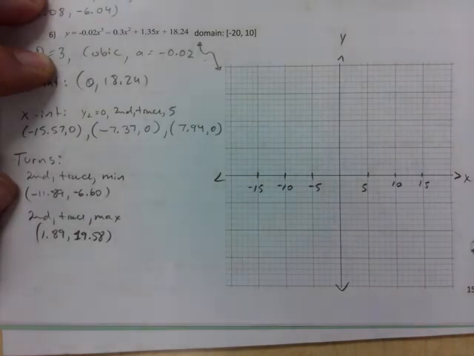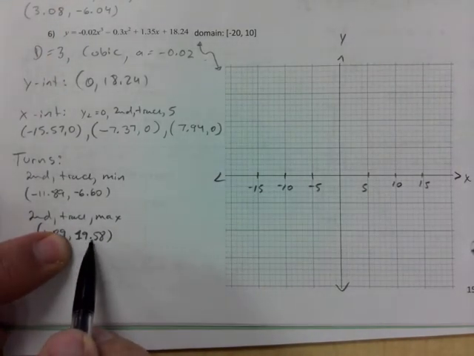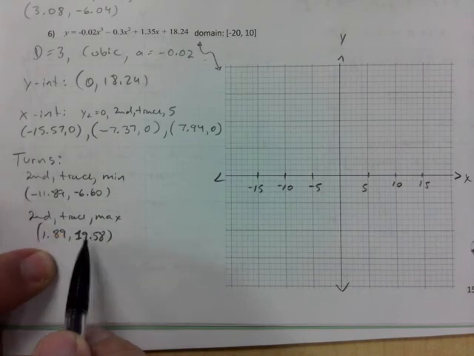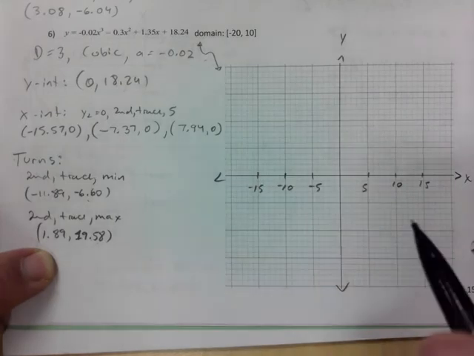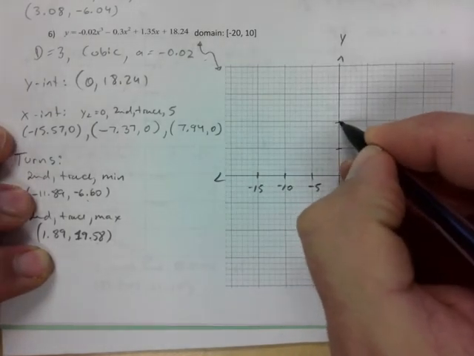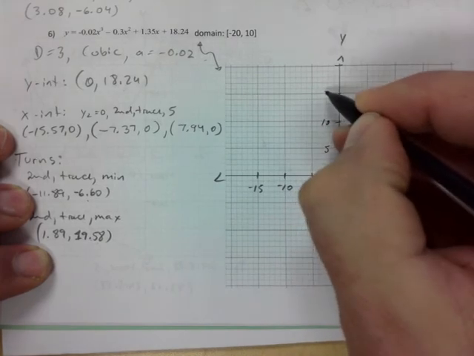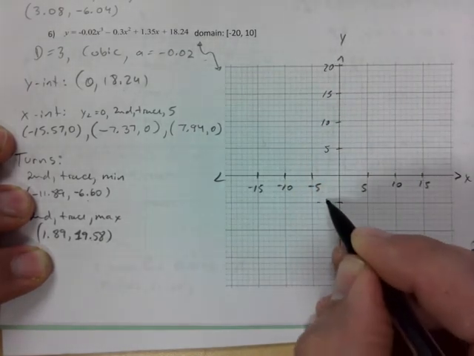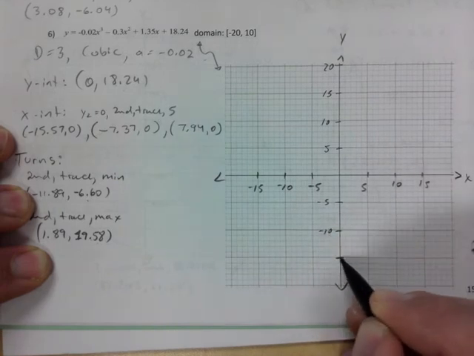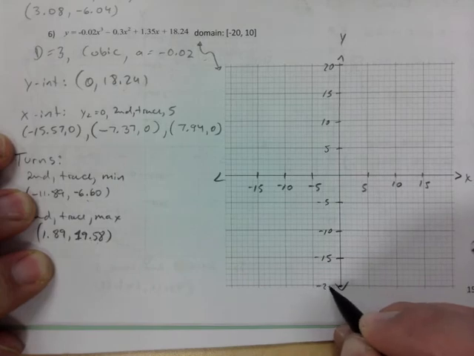For my y values, I need to go all the way up to 20 and -6, inclusive. So if I go 5, 10, 15, 20, that works. This is -20 down here.